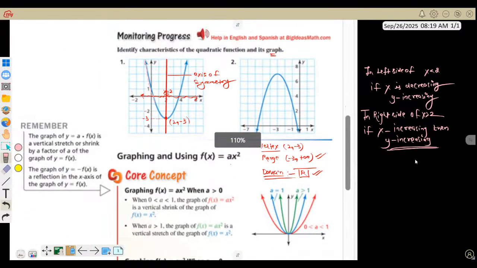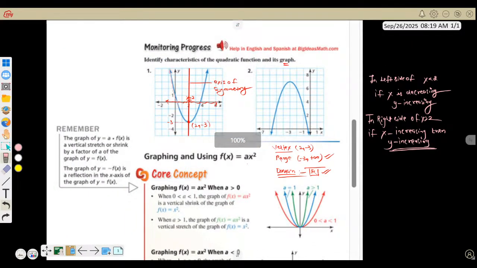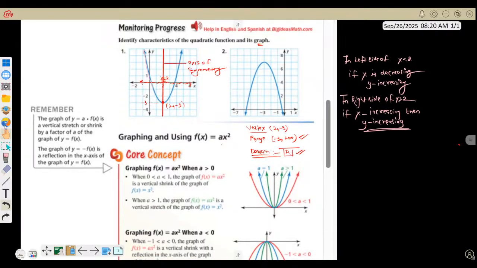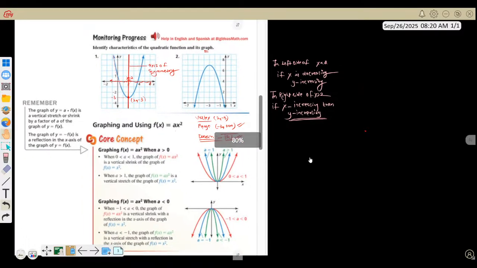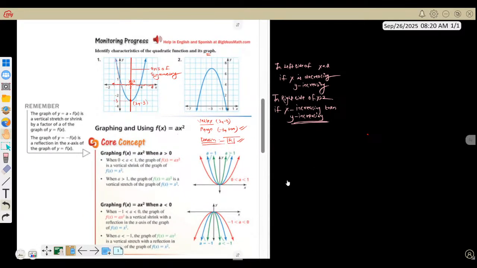Okay. One more question. Tell me the vertex in the second one. Would be this point? (-3, 7).